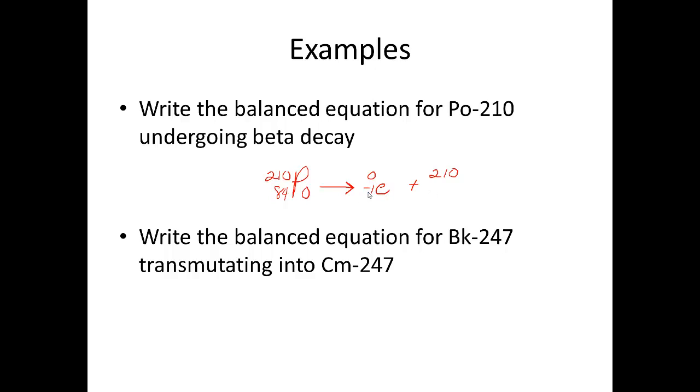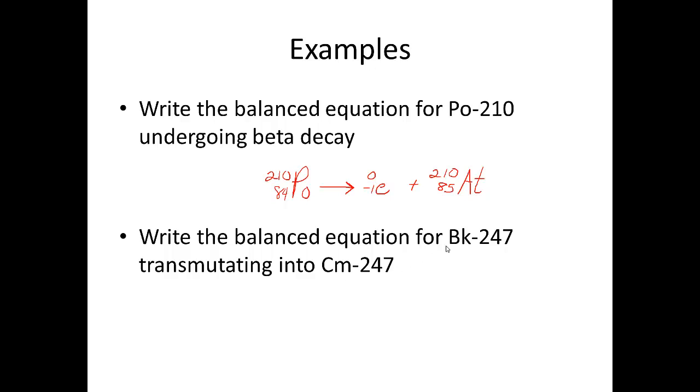So what plus a negative 1 will equal 84? That is 85. So then I use my periodic table. Find your periodic table. Look at it. What is element 85? That is astatine. And so that's your balanced equation. You're spitting out an alpha particle, and you're creating then astatine.